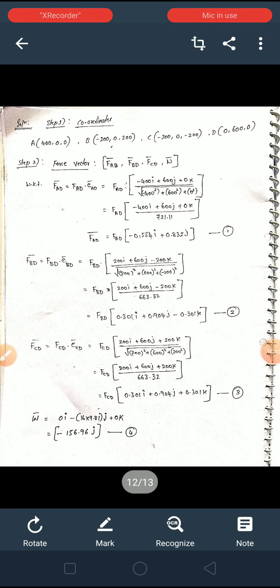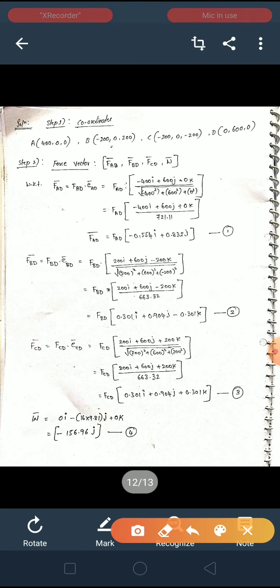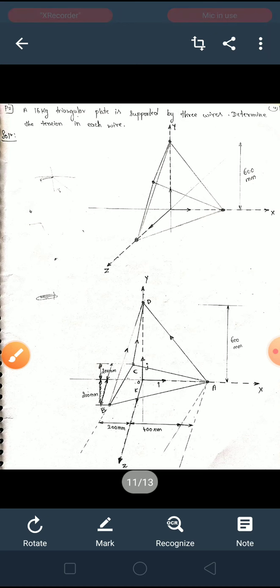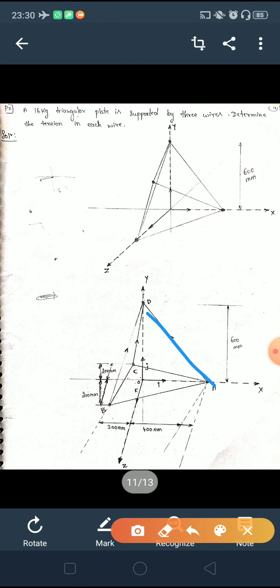Okay, second step, that is you need to find out the force vectors. So force vector, you know the formula, force vector is equal to force into unit vector. Clear? So start. What are the force vectors? That is you need to find out the forces in AD, BD, CD, correct?